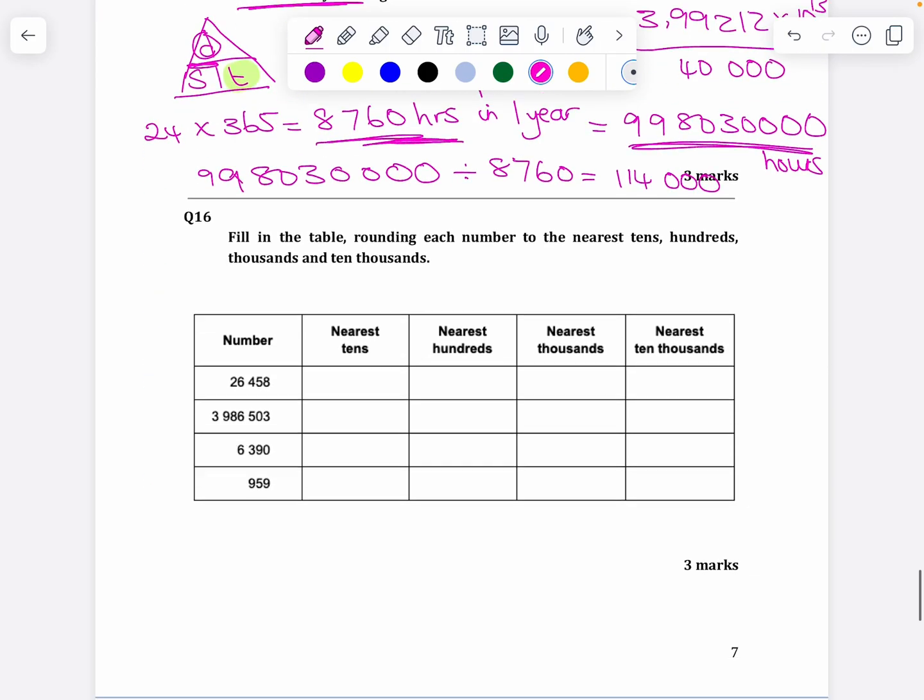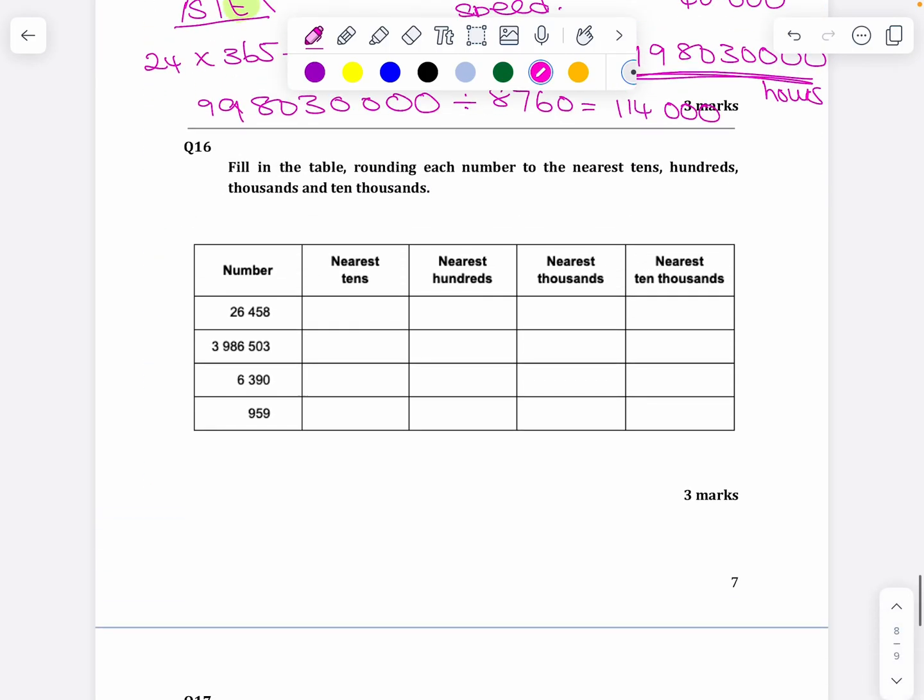Okay, question 16. Let's fill in this table then. Nearest 10. I think at this point we've done a lot of rounding, so I'm just going to quickly give you the answers. And I think most of you got this right, apart from some of you who need to practice your rounding.